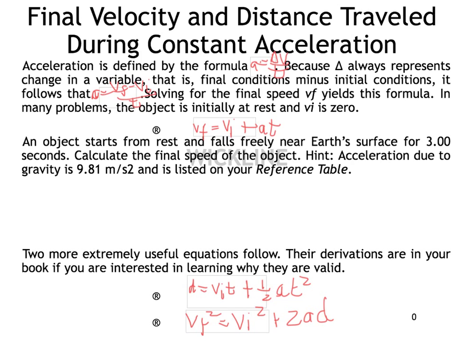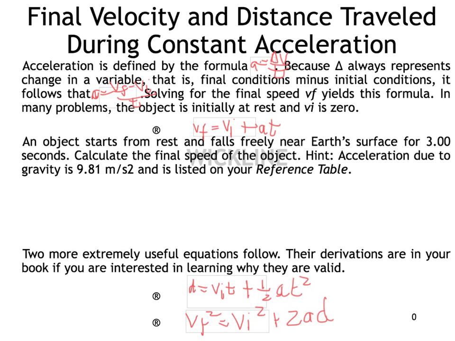All right, so we're finally going to start using some of these kinematics equations on this slide. So we're going to find final velocity and distance traveled during constant acceleration. So acceleration is defined by this formula. A is delta v over t, and delta means change. So if A is delta v over t, then you're really just looking at A is vf minus vi over t.